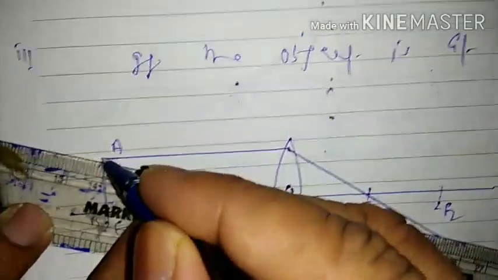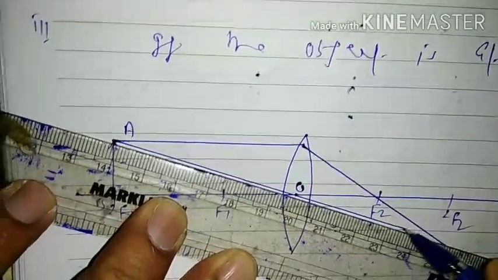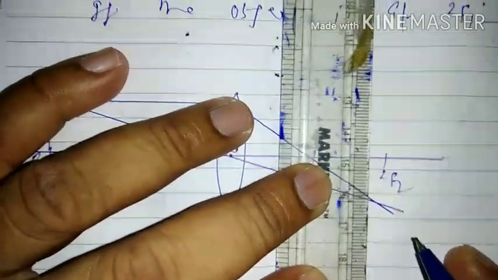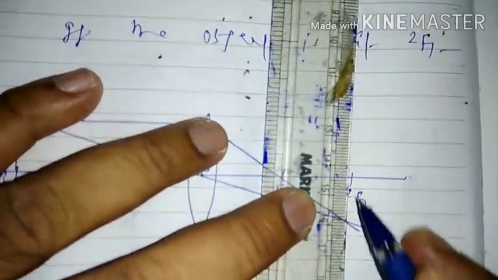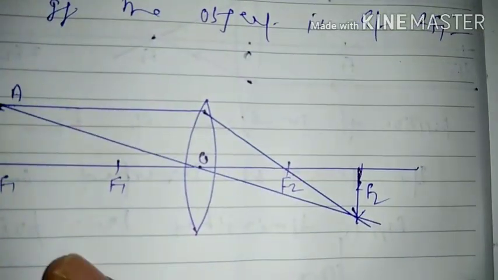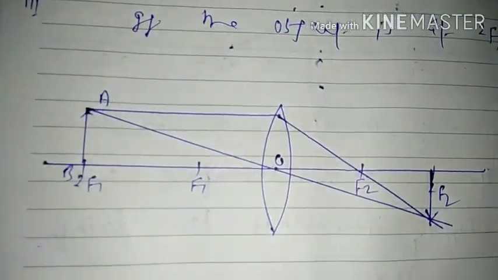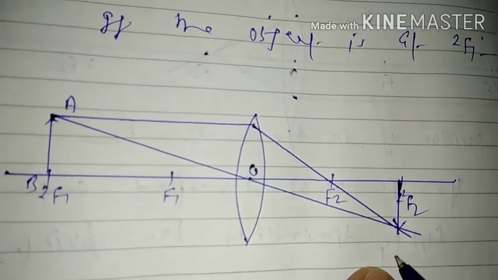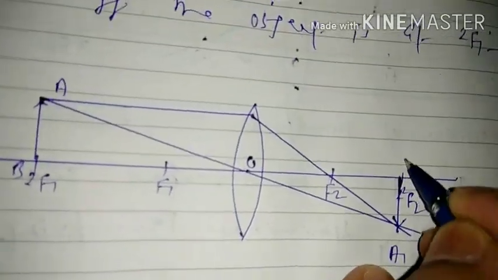So this ray passed through its optical center. What we see? We see in this case the image of the object forms at 2f2. This is the position of the image. So if object is at 2f1, then image is at 2f2. This is 2f2, A dash, B dash.